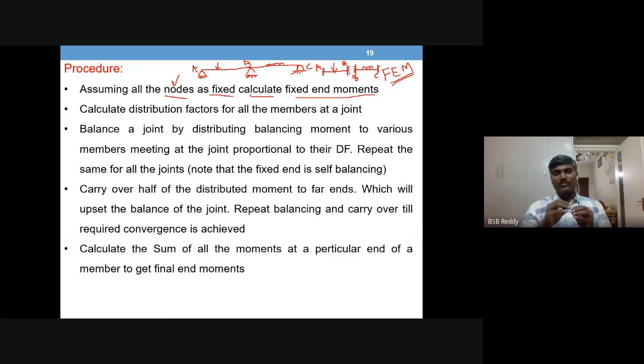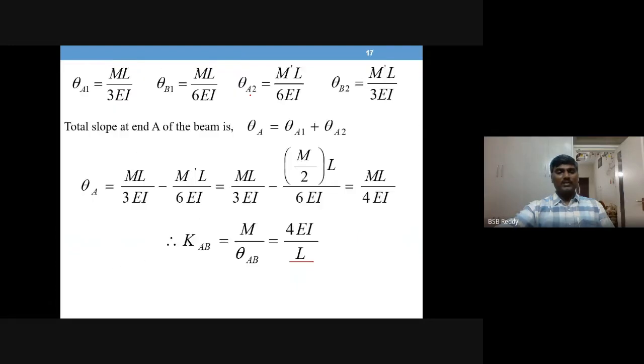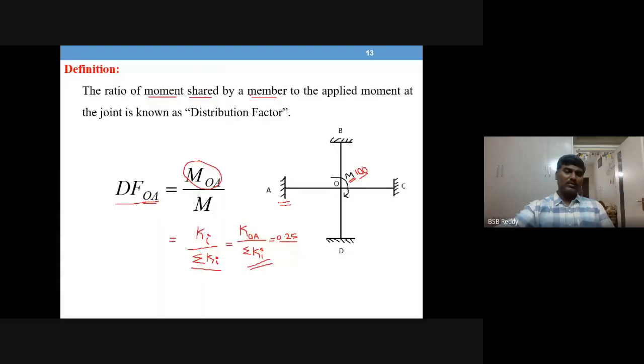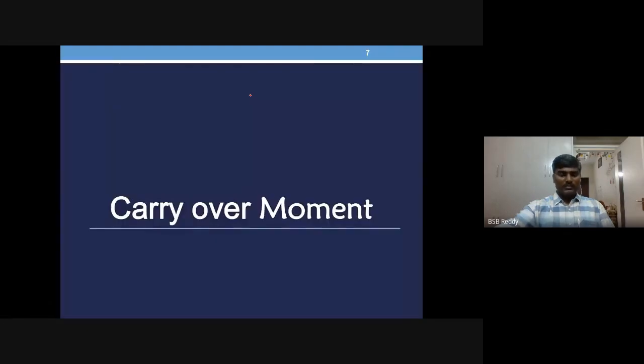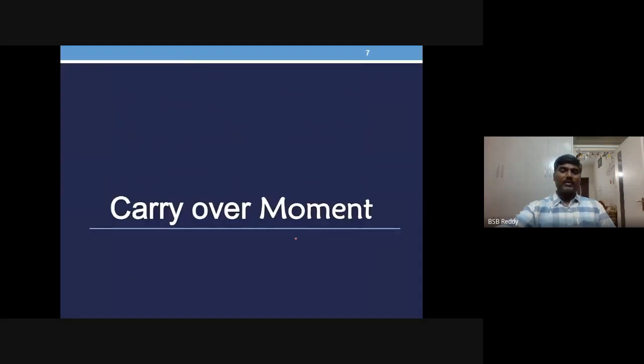All the fixed end moment values were tabulated in the earlier session, or else I told you to refer back to your slope deflection method, where all these fixed end moments are available for all the cases. Okay, got it? Right.